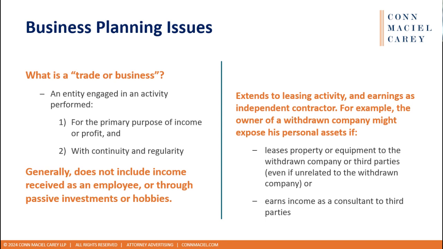Other arrangements might be where you own the land on which the company sits, or you own the building as well, and maybe you lease the building in your personal capacity.